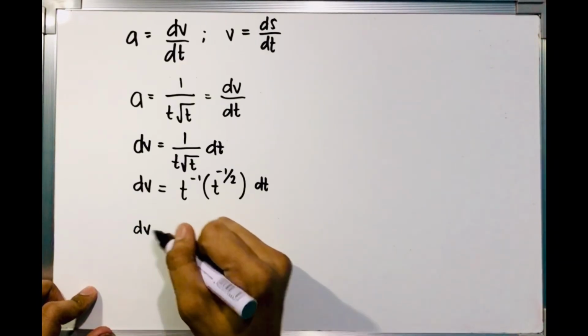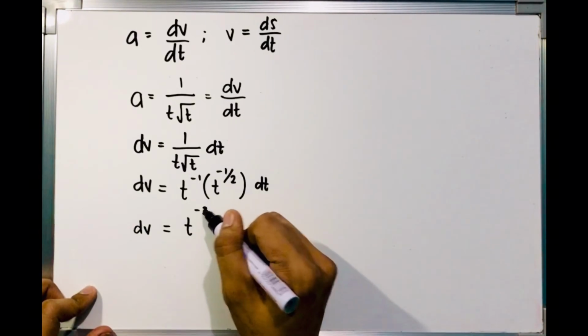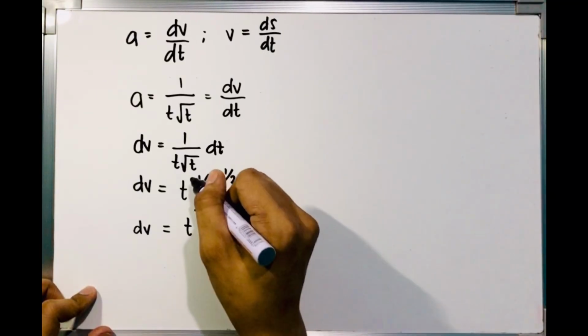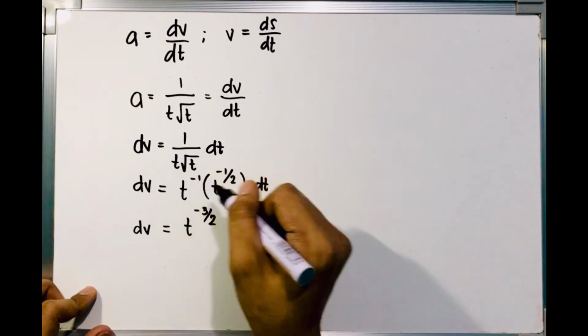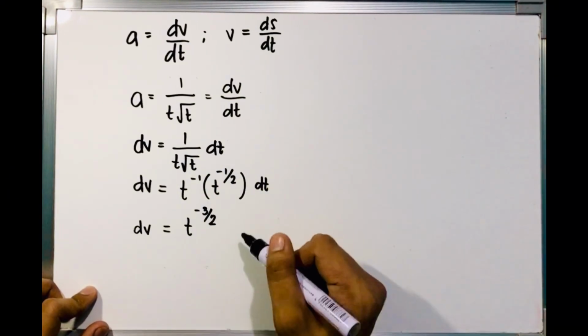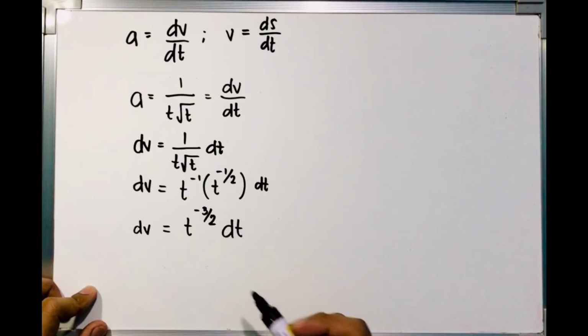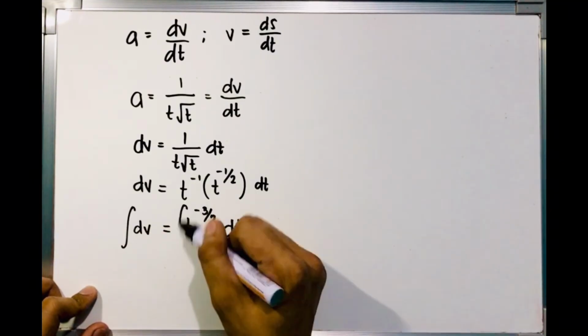Therefore, dv, pag-combine muna natin, t raised to negative 3/2, diba? 2 times negative 1, negative 2, minus 1, that's negative 3 divided by 2, which would be your exponent. dt, okay, and then apply the integration.